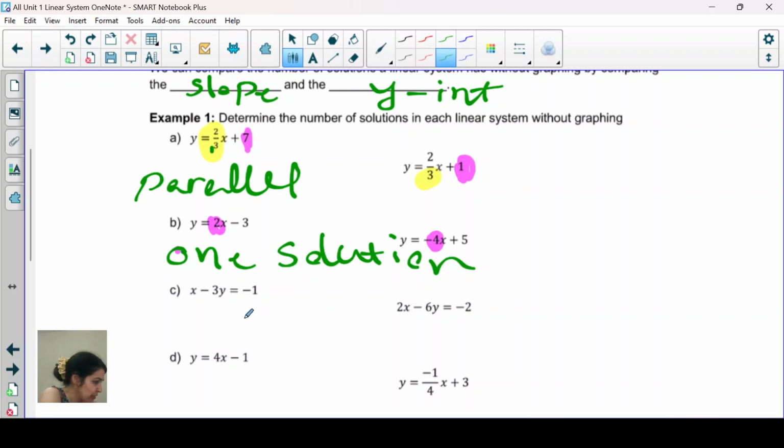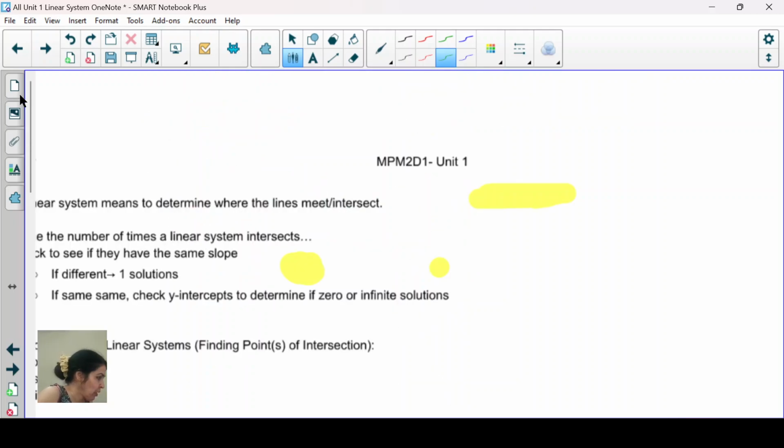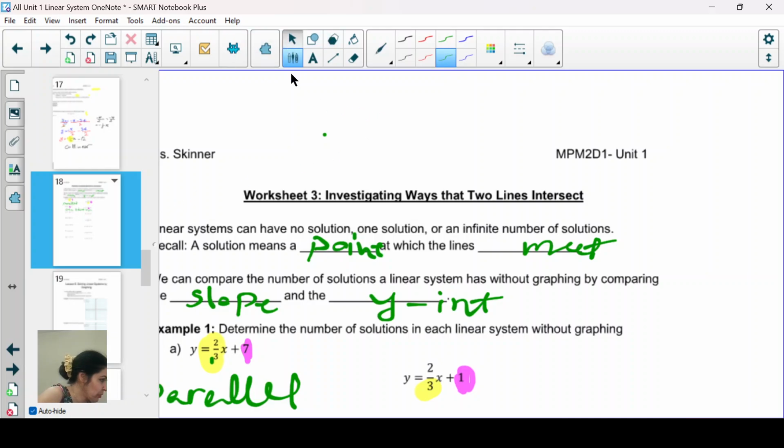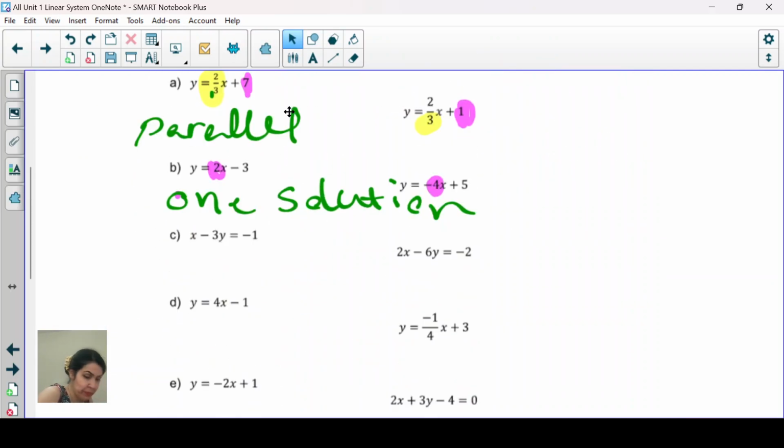In this case, we can write it in y-intercept form, but wait a moment. If I divide all of this by 2, it's going to be exactly the same line.